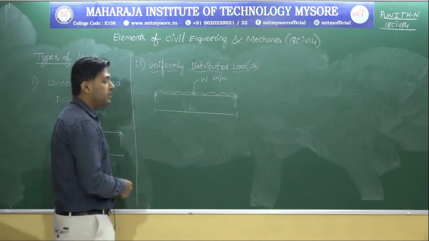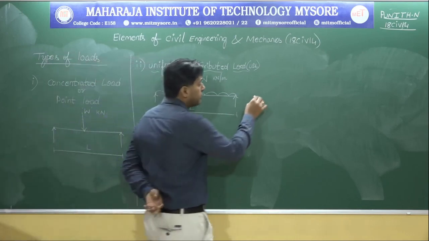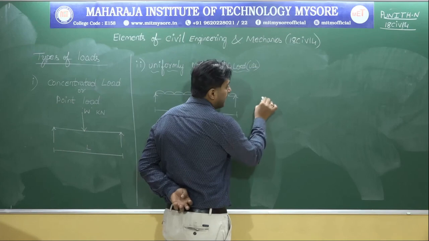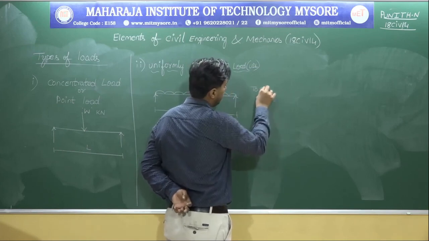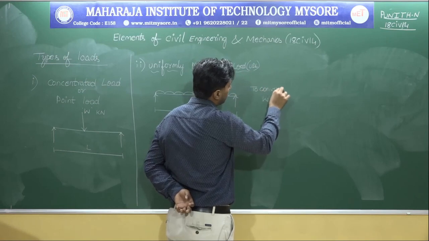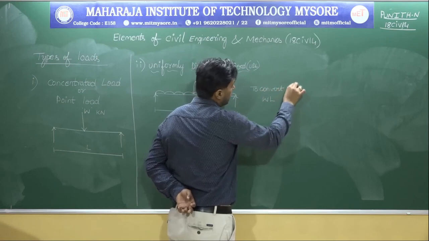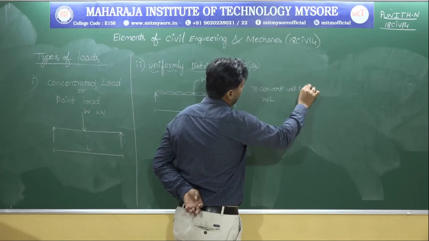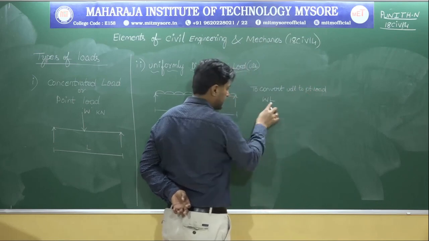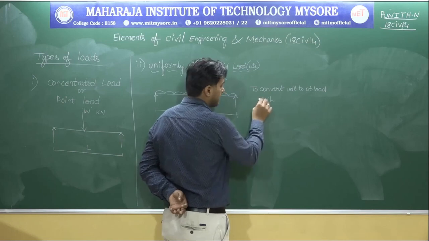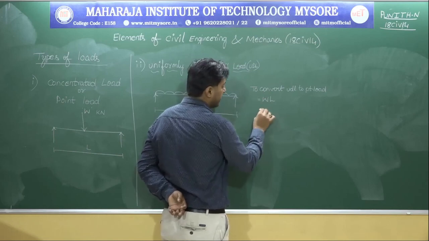So how to convert UDL to point load? The formula to convert UDL to point load is W into L. So observe here, what is the unit of W?